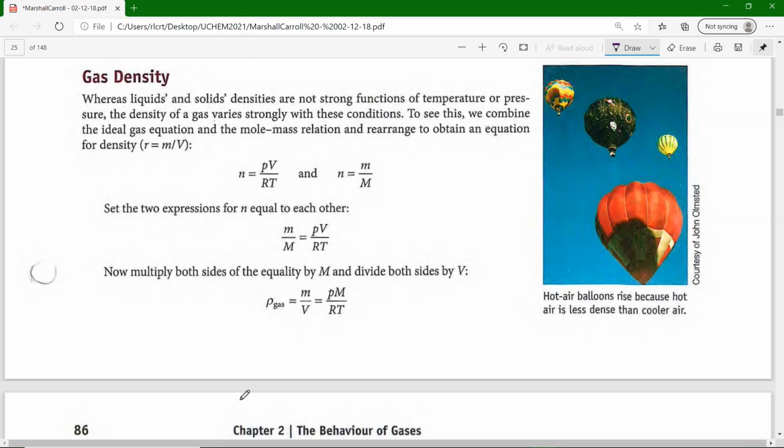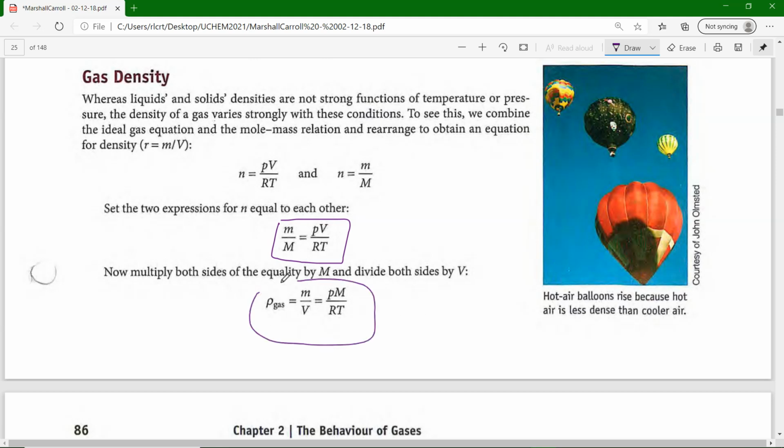So let's combine some things here to get the density. Density in units of grams per liter or kilograms per liter, depending on what we're talking about. So we know that grams over molar mass is PV over RT, and then density is M over V, so it's PM over RT. So that is density.